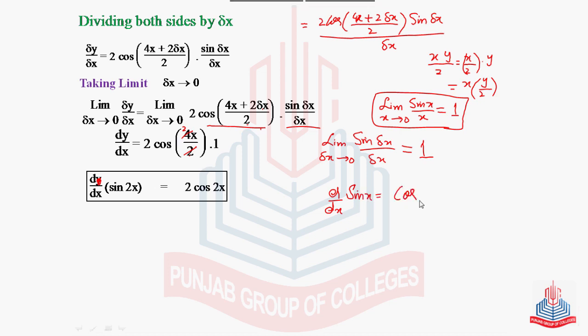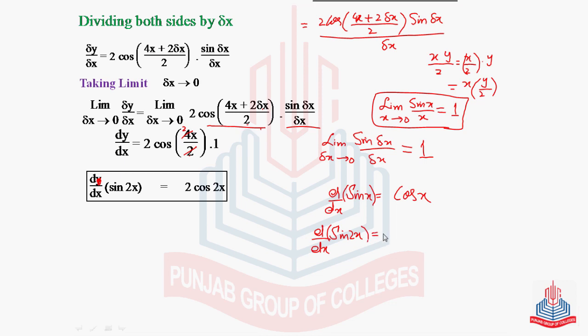So the formula of derivative of sin x is equal to cos x. But now we have the derivative of sin 2x here, 2 cos 2x. So we may conclude that this actually happened like this, sin 2x.